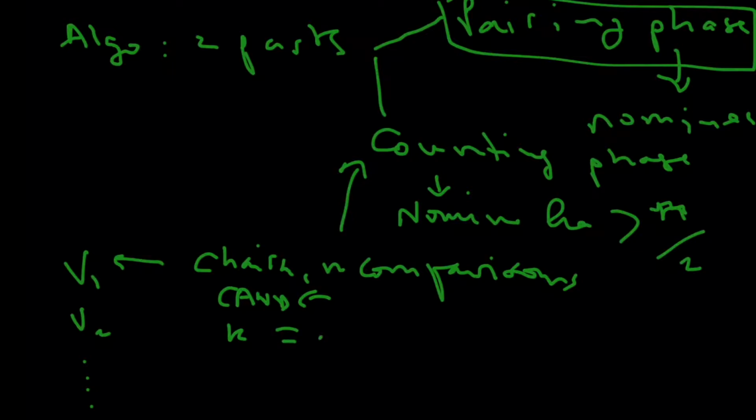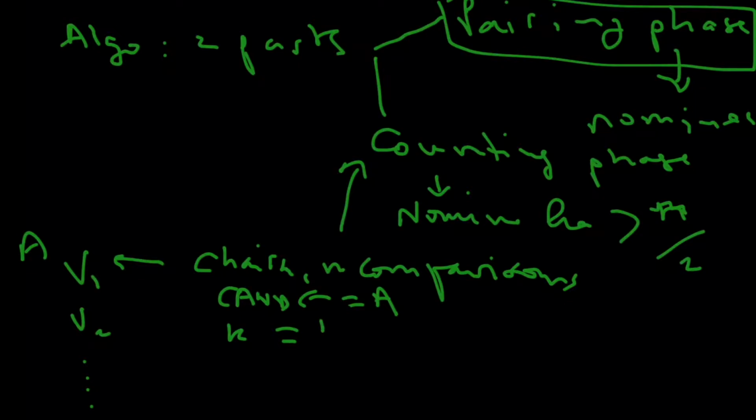And k starts off as 0, and when it visits, for example, V1, say V1 chose candidate A, so candidate would be A, and k would be set to 1.